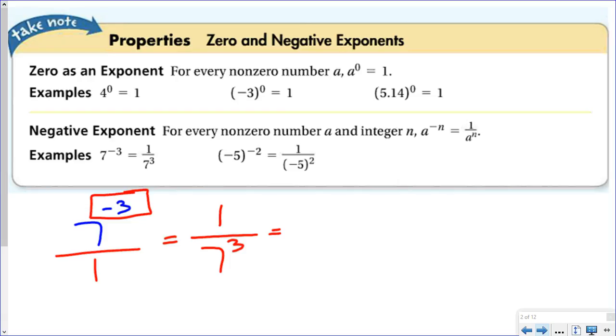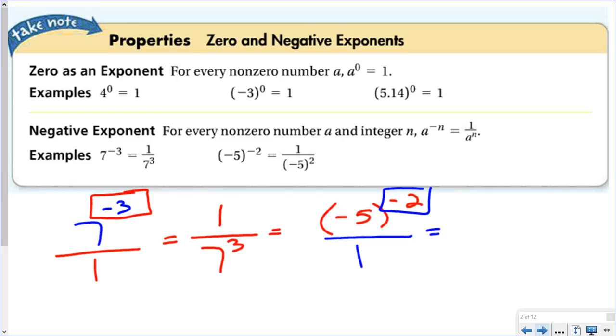If we look at the next example, it is negative 5 in parentheses raised to the negative 2 power. One thing I really want to do to show you this is you would cover up the negative 5. You could care less about the negative 5. The only thing you're caring about right now is that negative 2 power. And right now, you can write this as a fraction. You can put a 1 on bottom.